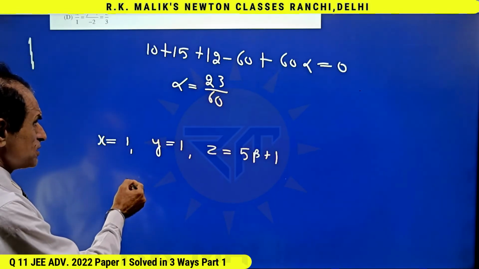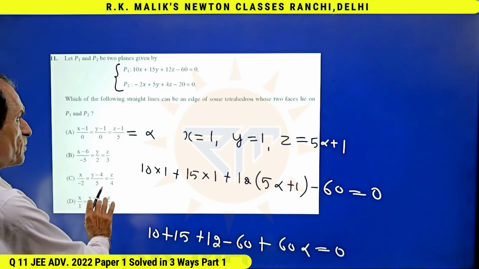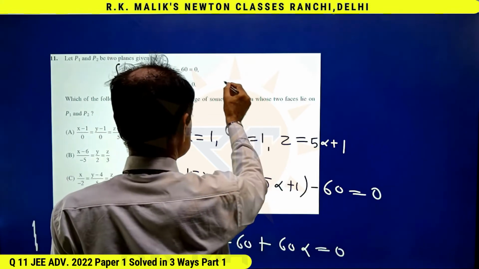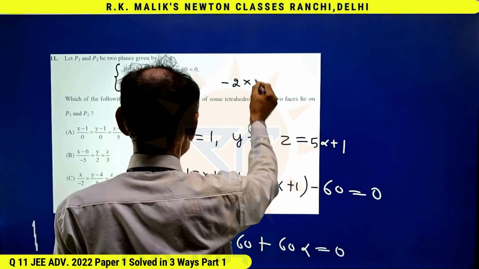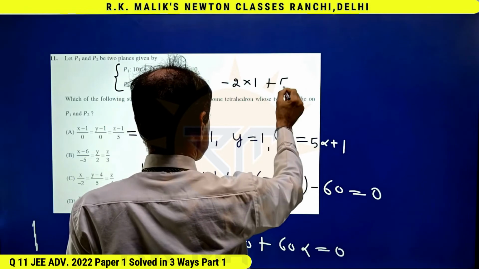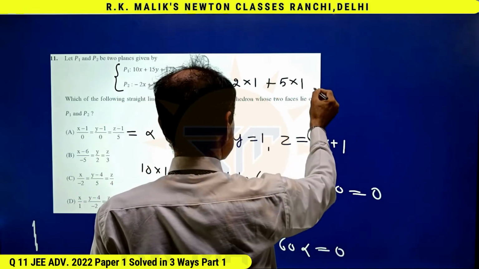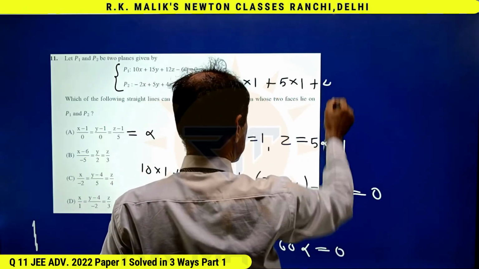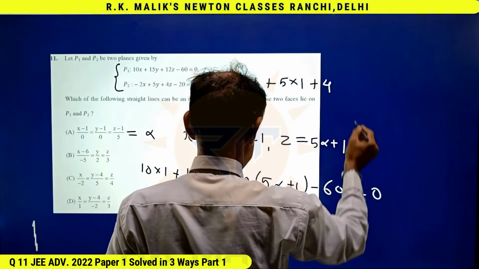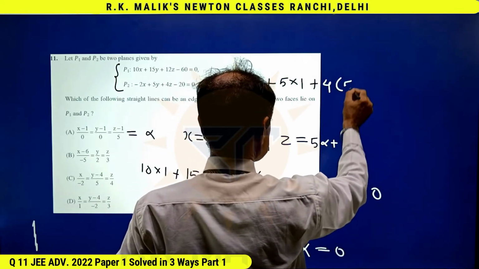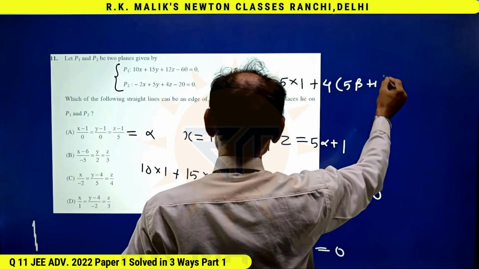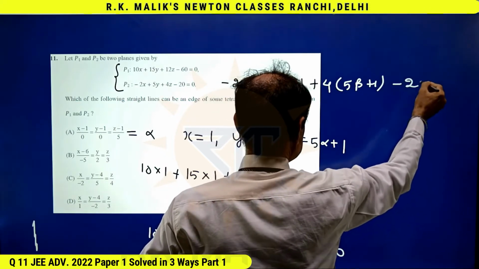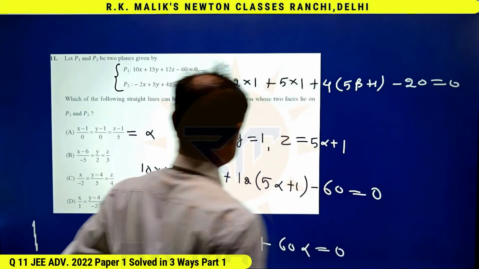Now putting this point in this plane, I get minus 2 into 1, plus 5 into 1 plus 4 into (5 beta plus 1) minus 20 equal to 0.